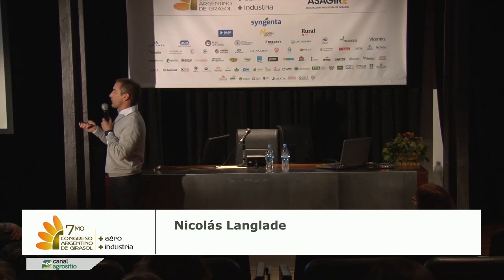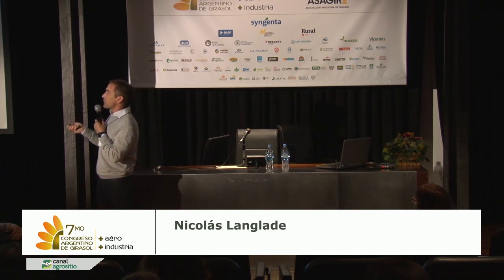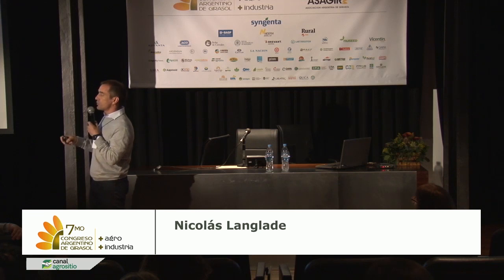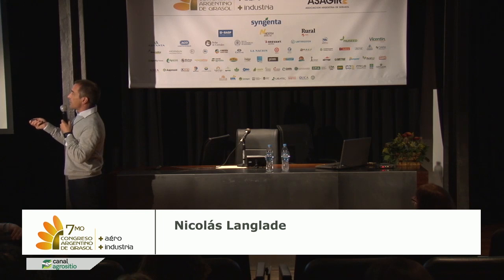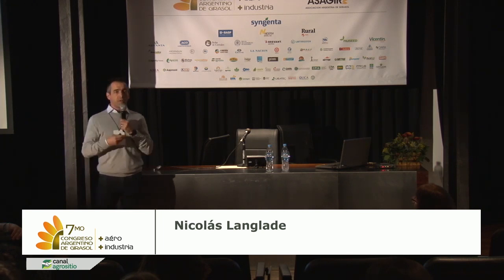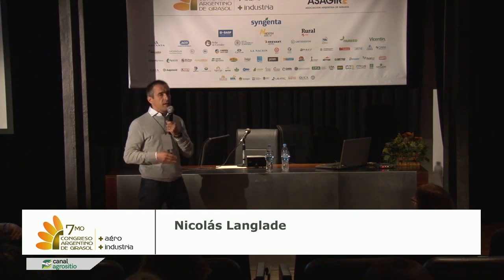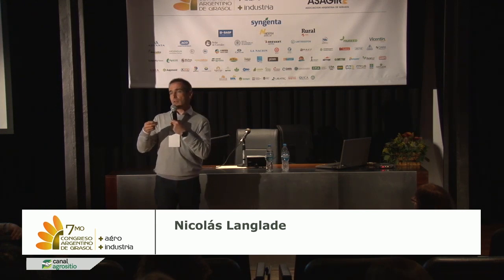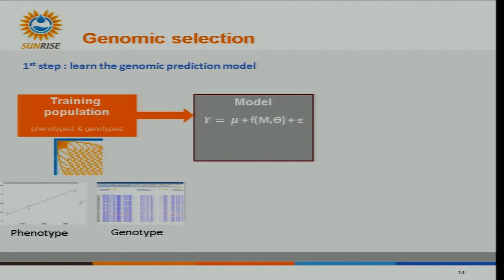And so we did it. The principle of genomic prediction, as a first step, is to train the model. It's a statistical model that you train on a data set with both phenotypes and genotypes. Then you learn a coefficient for every SNP, so there were 453,000 SNPs, so you estimate a value for the effect of every SNP in your model, to get the closest prediction in your training population.